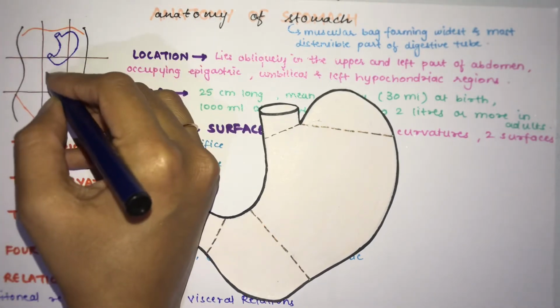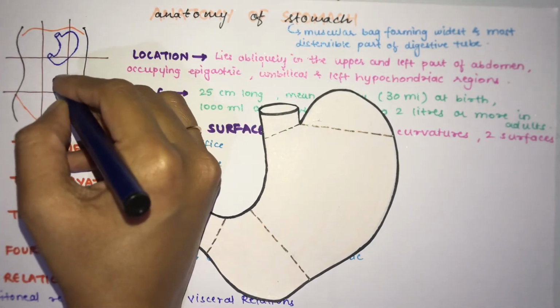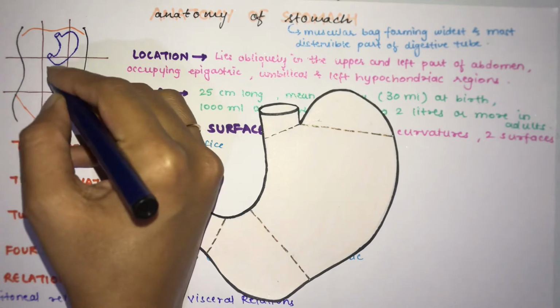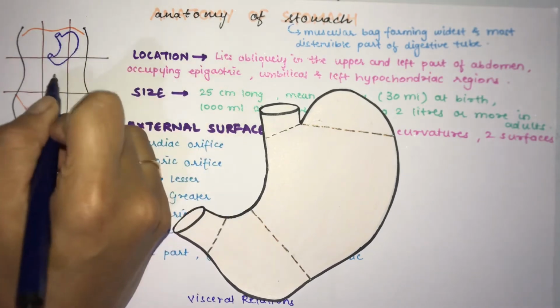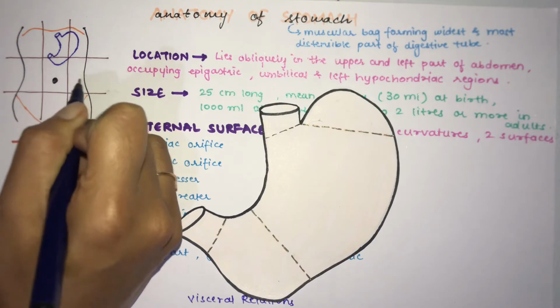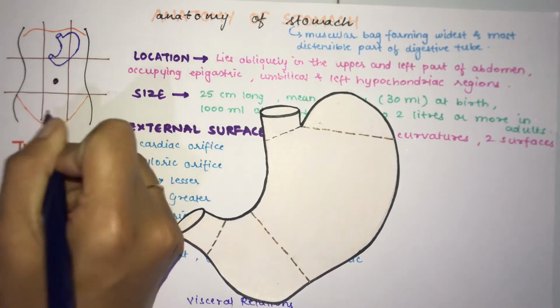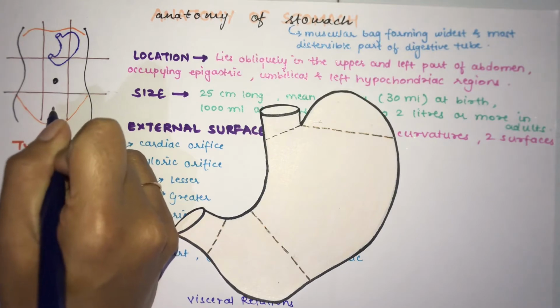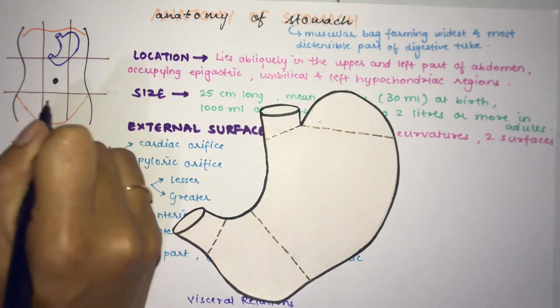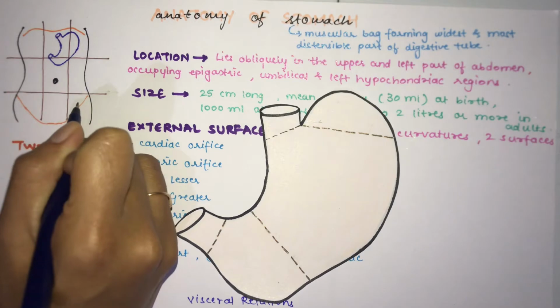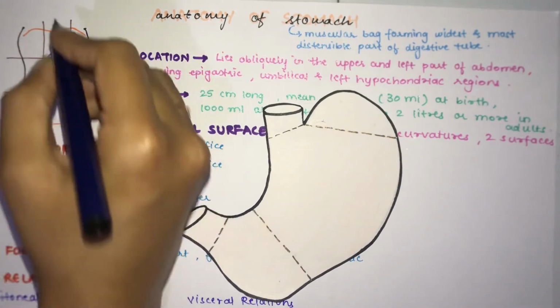This portion is the umbilical region. This is the left lumbar region, and this one is the right lumbar region. This one is the hypogastrium, and over here are the right and the left iliac fossa. So these are the various regions of your abdomen.